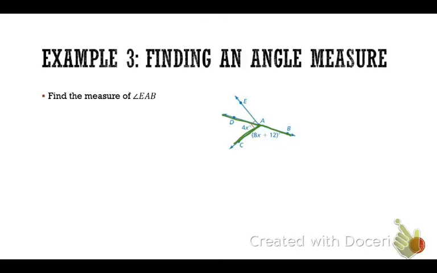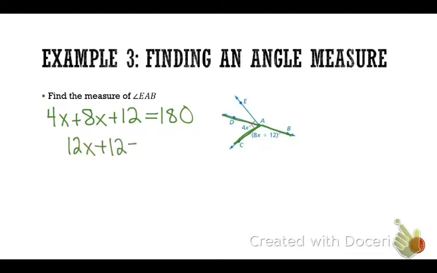Let's set up our equation: 4x plus 8x plus 12 equals 180. We don't know what x equals yet, but we're about to solve for x. Is there anything we could combine on the left side? Yep, 4x plus 8x is 12x plus 12 equals 180.